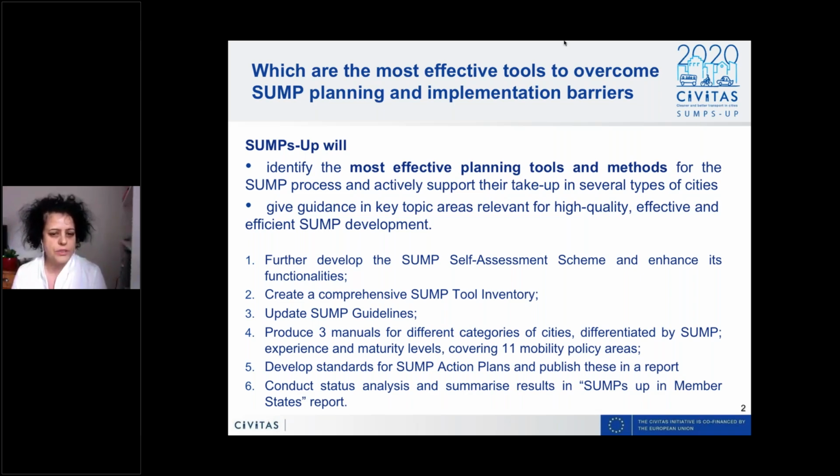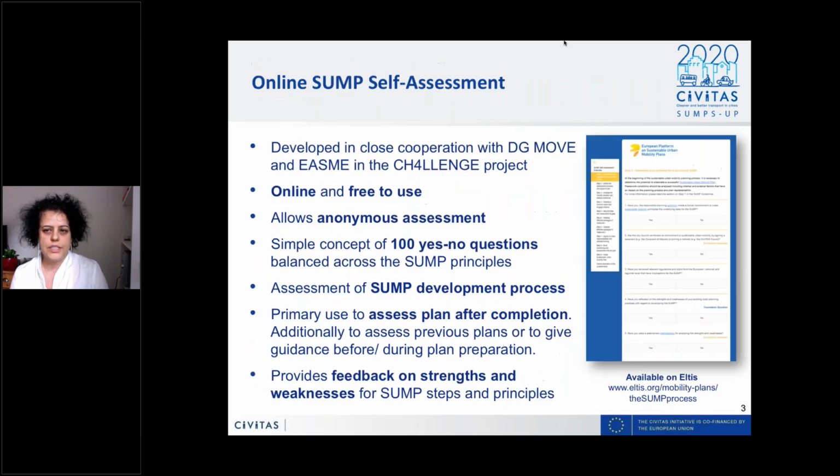We have produced manuals for different categories of cities, and the action plan that you have already heard from Maya's presentation, and the SUMPs in member states report. I will guide you through these tools step by step for the next almost 20 minutes. I'll try to be as quick as possible.